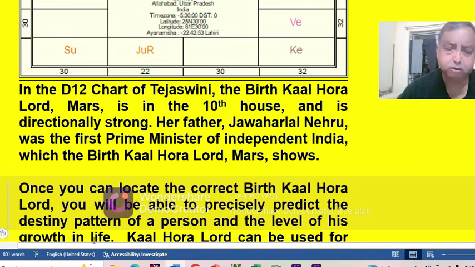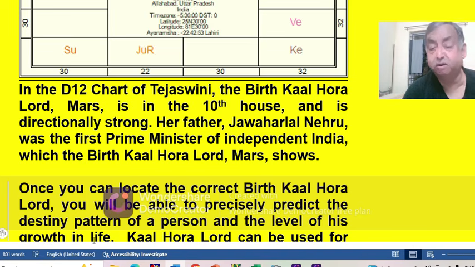In the D12 chart of Tejashwini Indira Gandhi, the Birth Kaal Hora Lord, Mars, is in the 10th house and is directionally strong. Her father, Jawaharlal Nehru, was the first Prime Minister of independent India, which the Birth Kaal Hora Lord, Mars, shows.